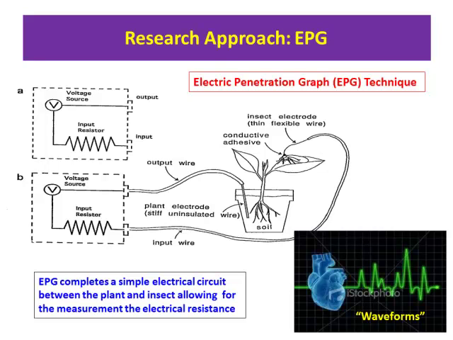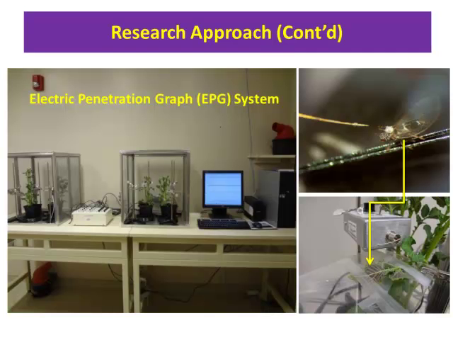So these insects also have very specific behavior, and this becomes kind of constant. These are called waveforms, and these waveforms are very characteristic for Psyllids. So here is the cartoon I was showing. This is the actual EPG setup in our lab.